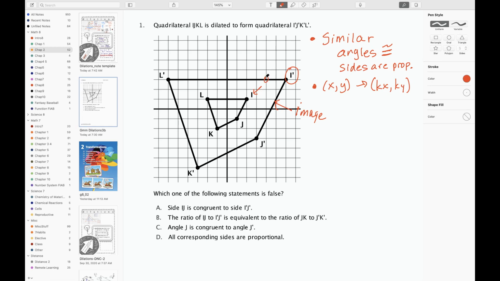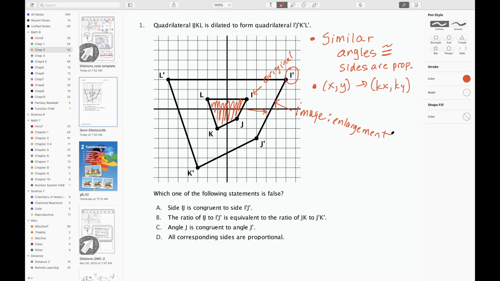This is the original. It does not have the prime. So this is the original, and the outside one is the image. We can see that it is an enlargement. Now I can tell all of that without even reading the problem yet. And me looking at it and determining that now helps me with the problem.